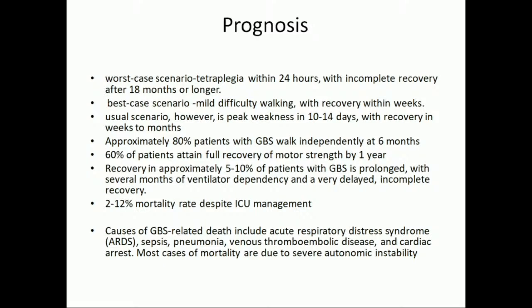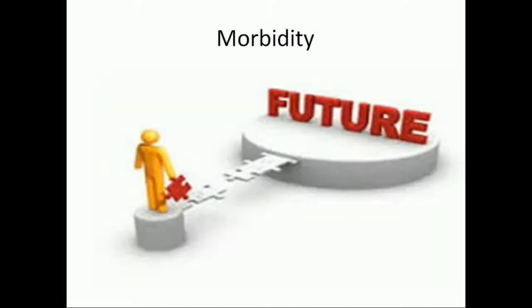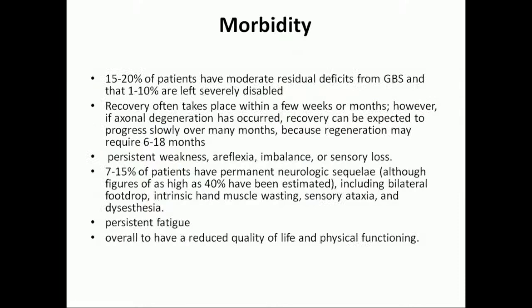So approximately 80% of the patients with GBS walk independently at 6 months, and 60% of patients attain full recovery of motor strength by 1 year. Recovery in 5 to 10% of the patients is delayed over a period of several months. 2 to 12% of the patients may die. So this is as far as the prognosis of GBS is concerned.